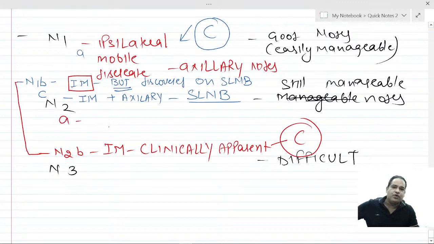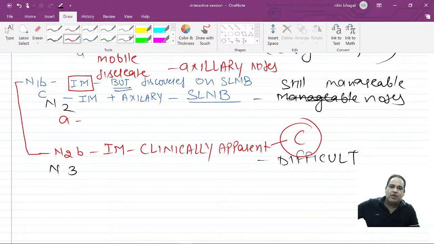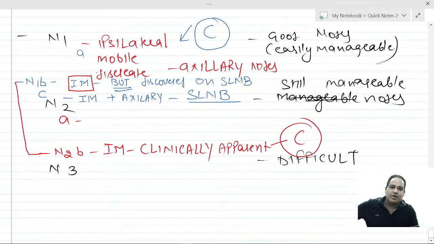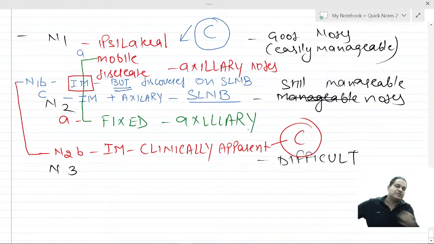What is N2A? N2A again you have to compare. Here they are mobile, but in N2A they will be fixed. Fixed axillary. That is the difference from N1 to N2. They will be fixed to themselves or to other structures.